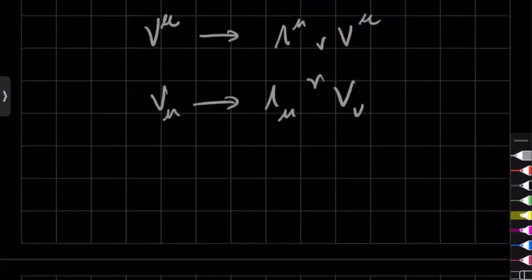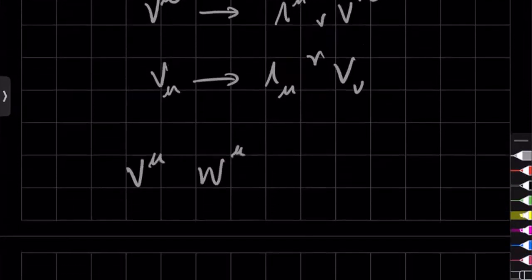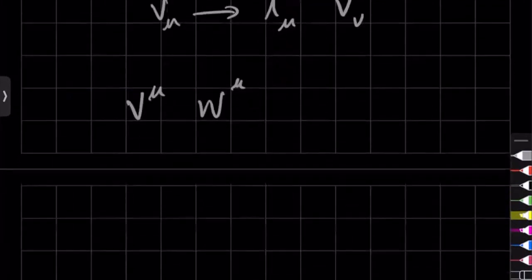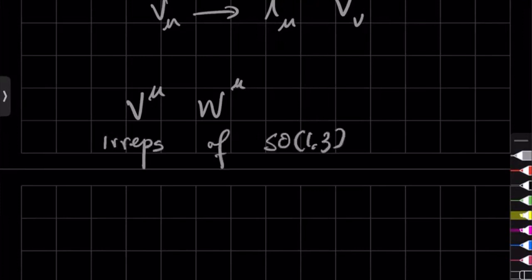But suppose I'm given 2 vector fields. Let's call one, say, V^mu and W^mu. Okay, so each of them is a vector field. Some vector representation. Okay, they could have some physical significance, but I don't care. So these are both irreps of SO(1,3), vector irreps.